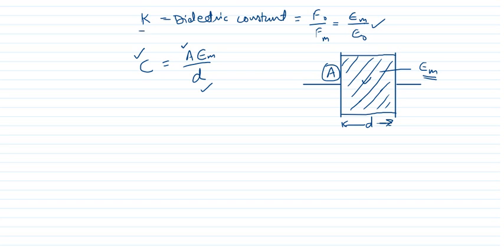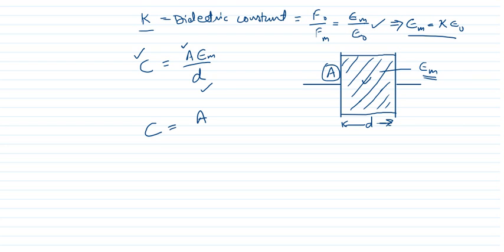Now from this expression K is equal to epsilon m upon epsilon naught, now you can see that epsilon m is equal to K epsilon naught. So if we put the value of epsilon m here, then we will get C is equal to A, and what is epsilon m?